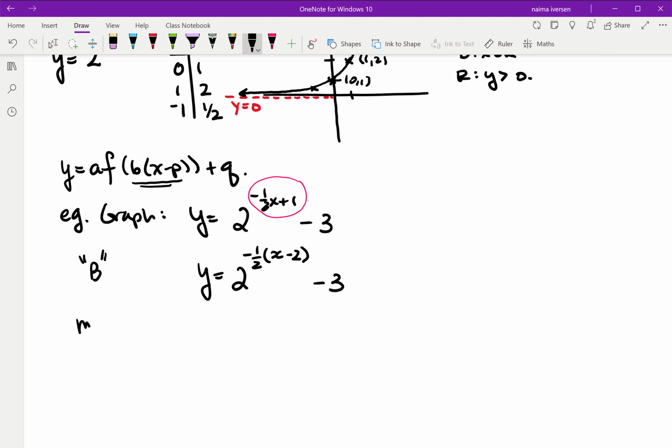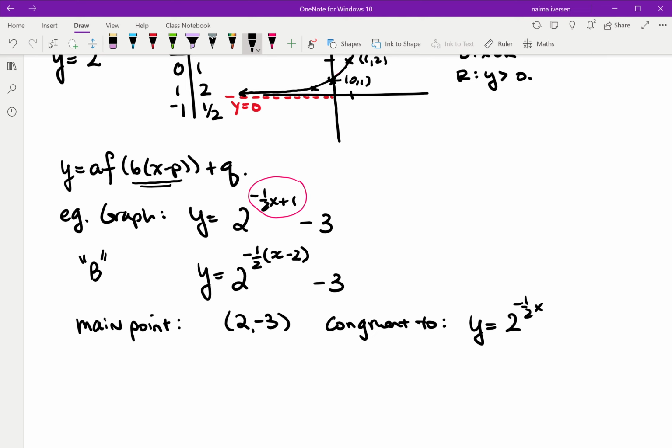So then what we're looking for is our main point. So the main point of this thing is going to be at 2, -3, and then we would be congruent to all the leftover stuff, which was y equals 2 to the power of -1/2 x.